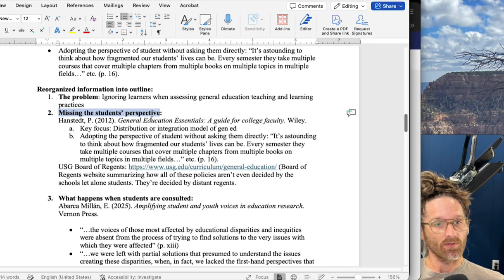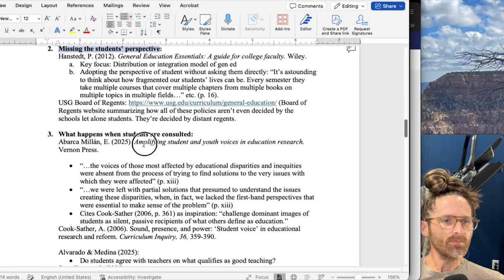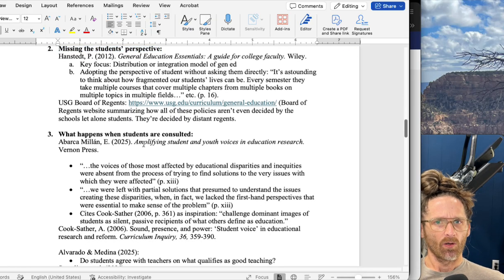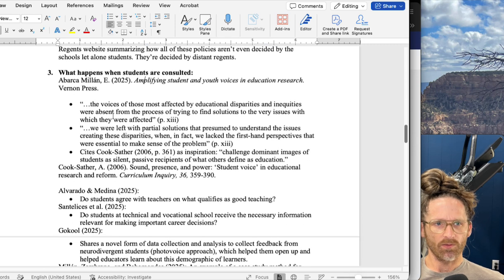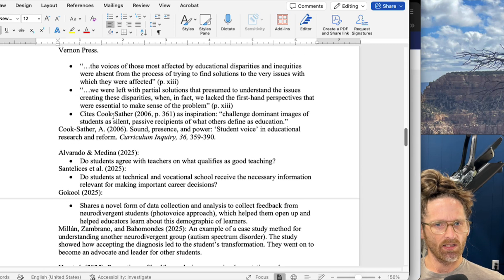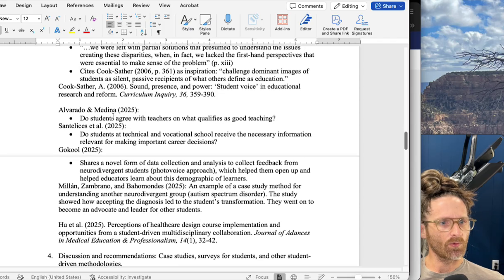And I'll use the examples of that book and the USG website. And then I'll have a section about what research might include if students are included. And so I've got those 3 chapters, the book, and then that other reference, and that information's all there, just one after the other. You'll see how I put that in lit review form.